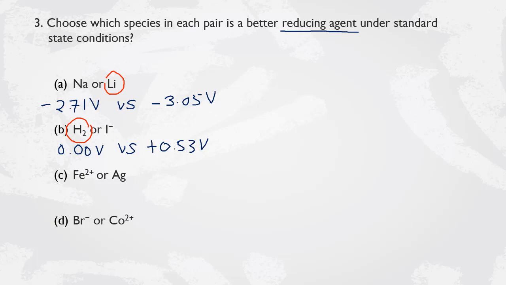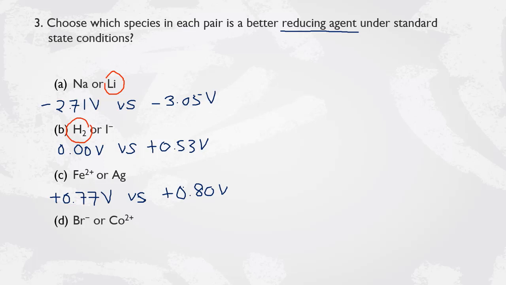Between Fe2+ and silver, so Fe2+, we have a value of positive 0.77 volt, compared with silver with E naught electrode of positive 0.80 volt.